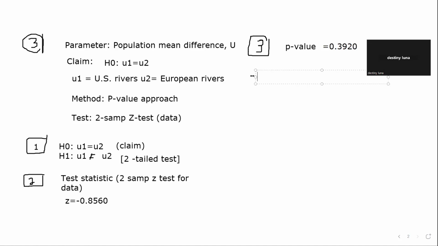Step 4 is we're going to make a decision to reject or not reject the null by comparing our p-value to alpha. I have to go back, but I believe our alpha here was 0.01, but I'll check that in a moment. So step 4, we're going to compare p to alpha.